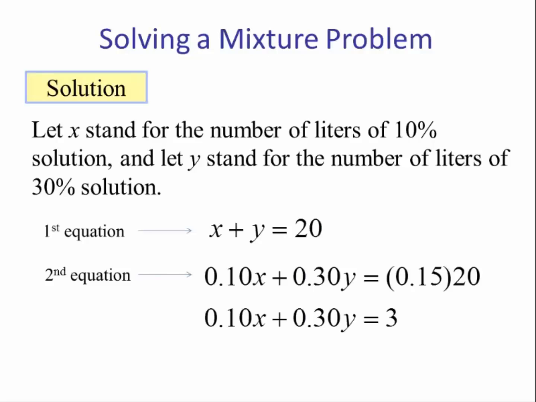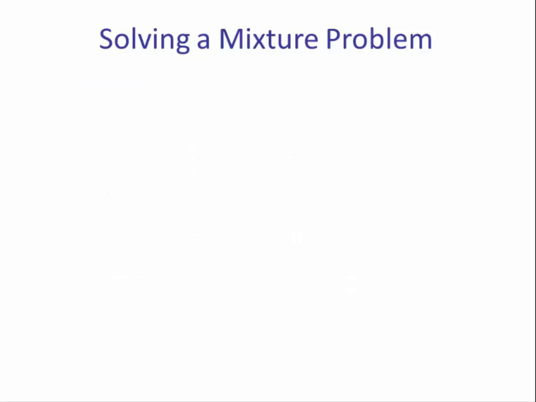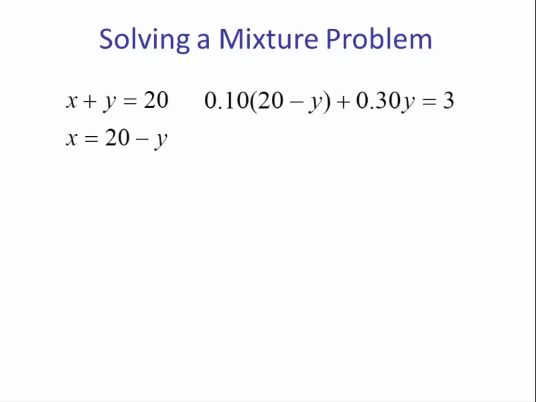So we have our system. Now we solve. I'm going to solve for x in the first equation. So we have x equals 20 minus y. I take that expression, 20 minus y, substitute that into my other equation for x, and we have this equation. This equation has only one variable, y.